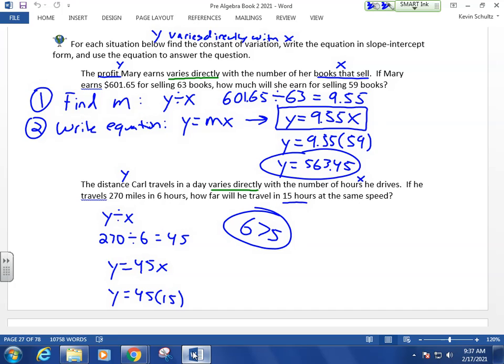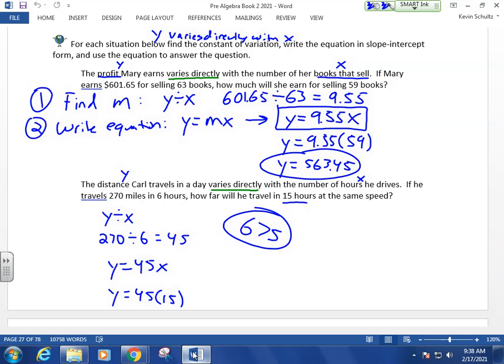Okay? Now, of course, this is assuming that he's going that 45 miles per hour the entire time. So no stoplights, no deer crossing the road, no speeding up. Okay? It's just a constant 45 mile per hour drive, which is unrealistic to maintain that speed for 15 hours, but still, there we go. Carl's a master, I guess.